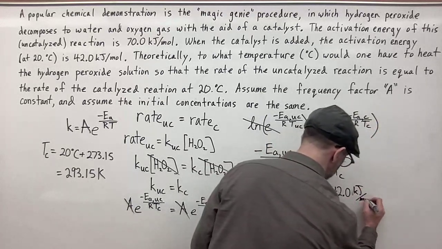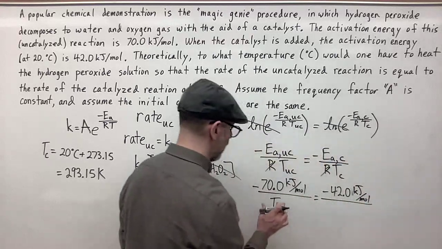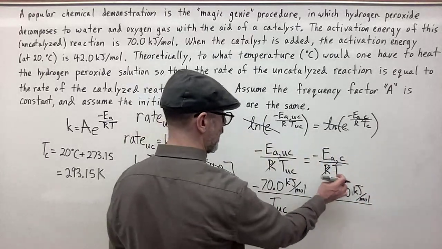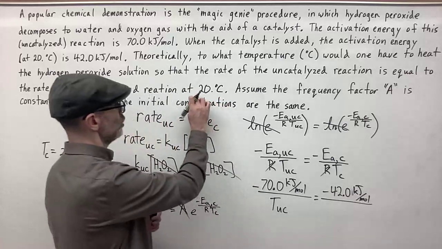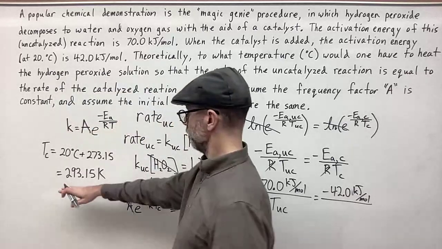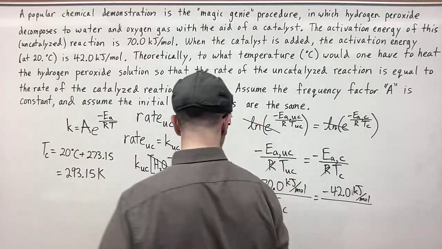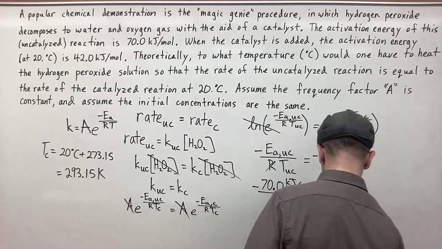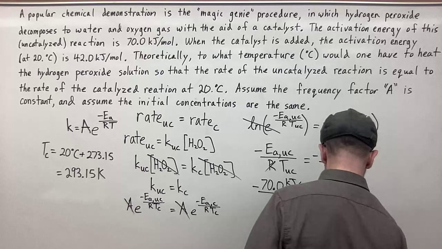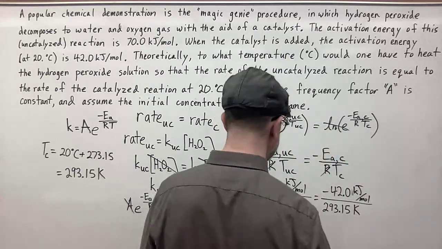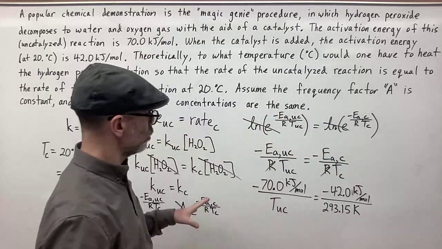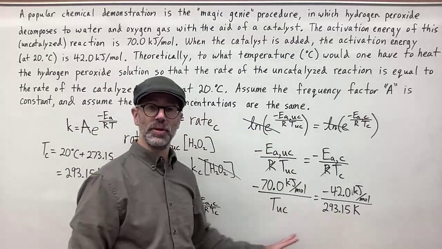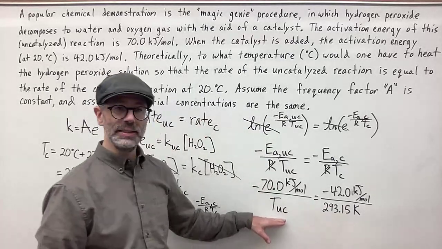kilojoules per mole over the temperature of the catalyzed reaction, which we're told is 20 degrees Celsius, but we converted that to Kelvin. So that's going to be 293.15 Kelvin. Okay, so now all we need to do is cross multiply and solve for T uncatalyzed.